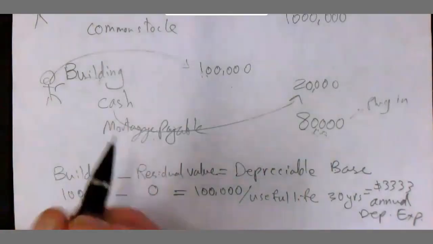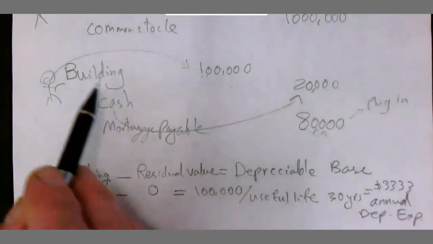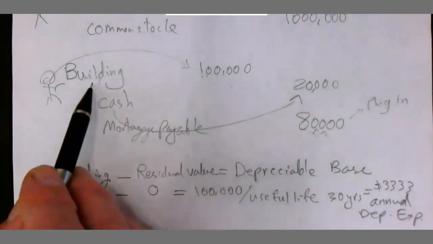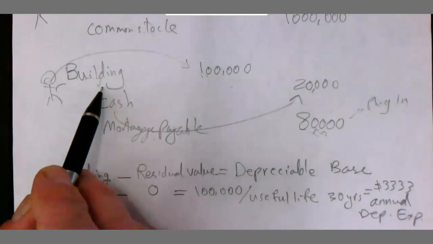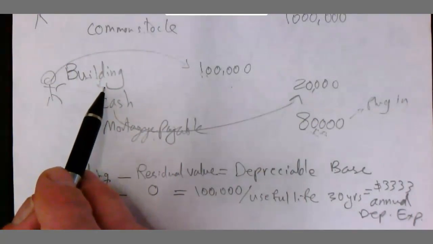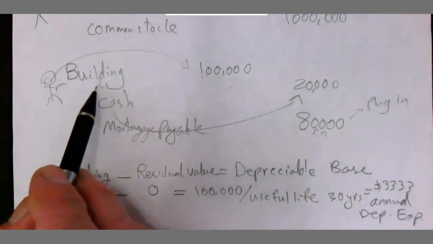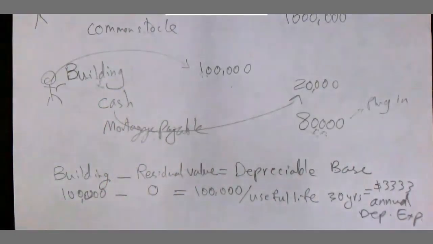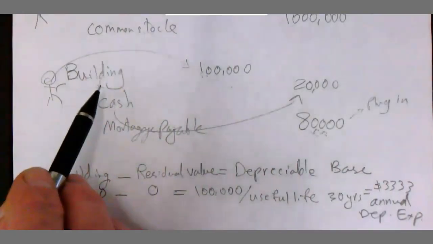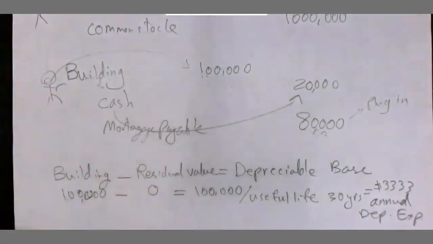And also, I just kept it a little bit simple here because the building is sitting on a land, okay? But I didn't talk about that because I don't want to make it too complicated. But land never depreciates. Land is always brand new. The only thing depreciating is building. So technically, when you buy a building on a land, you have to appraise the land separately in a different T account, call it land.